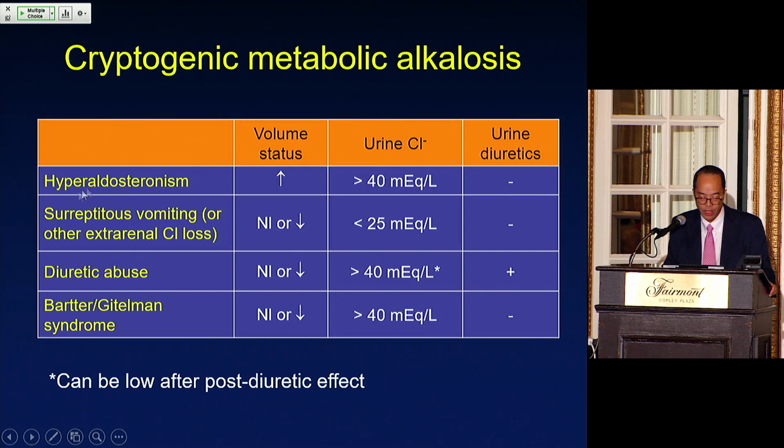So if you look at patients with cryptogenic metabolic alkalosis, excluding hyperaldosteronism, patients who are hypertensive, in all these other cases, the urine chloride is low, then it's not diuretic or Bartter's or Gitelman's, it's got to be surreptitious vomiting. Hers was less than 5, so that's what she had. She had parotid enlargement, which is classic for bulimia, as you know.